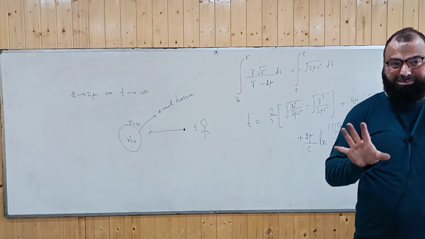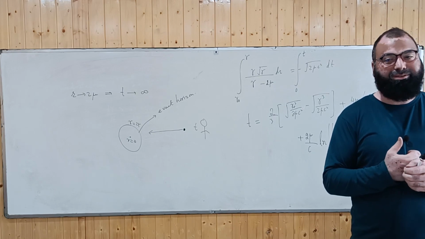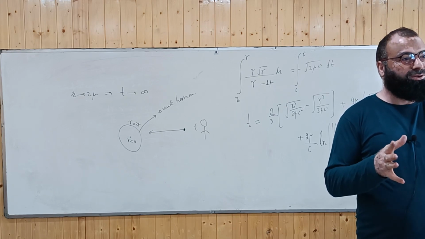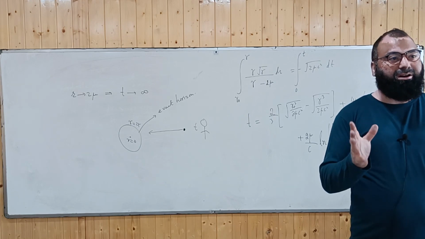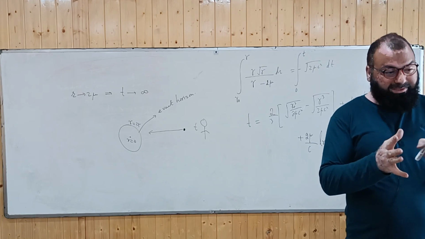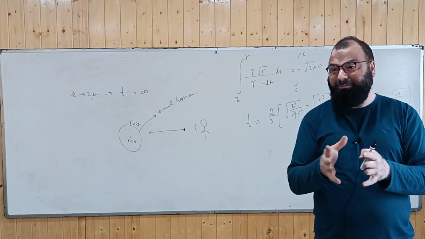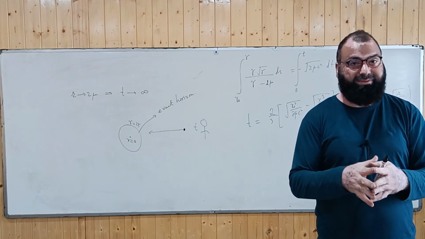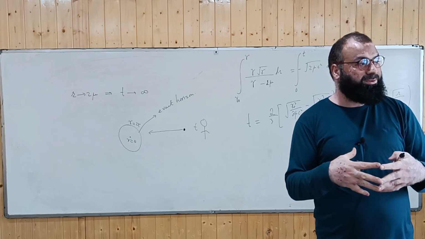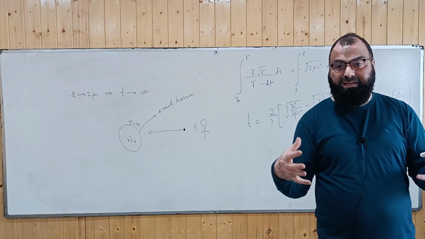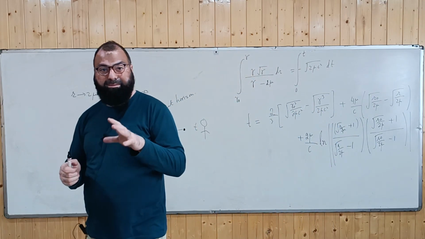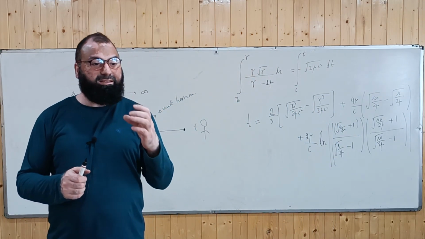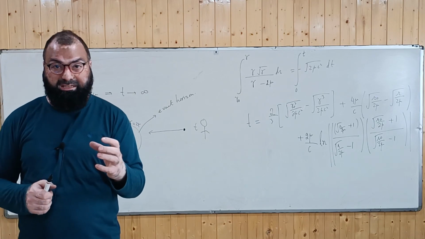Let me put it in a better way: for an infalling observer, it takes infinite coordinate time to reach the r equal to 2 mu surface. We call this surface the event horizon of the Schwarzschild geometry or space-time. Clear?